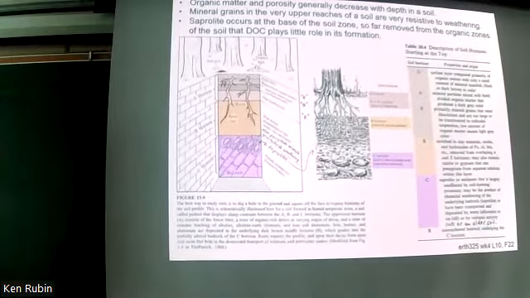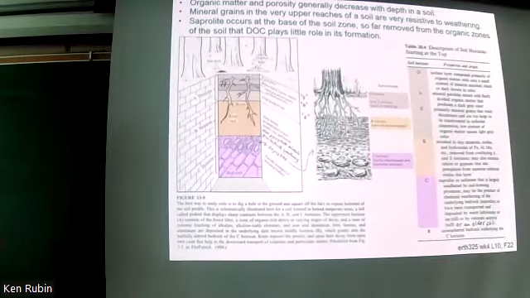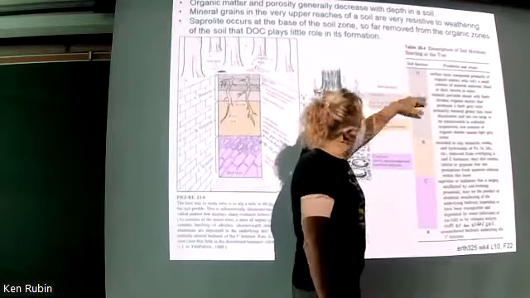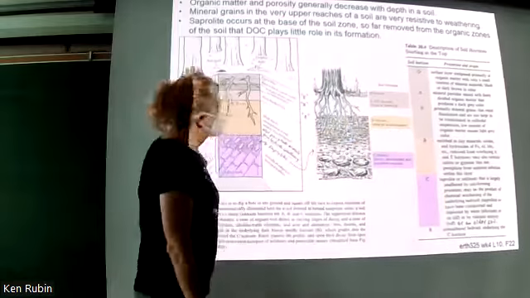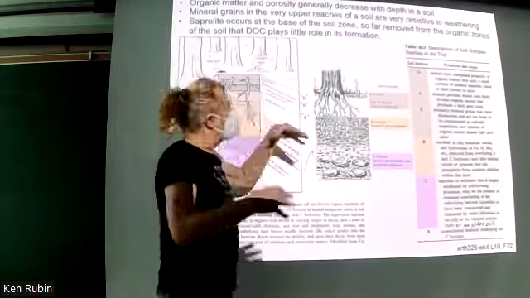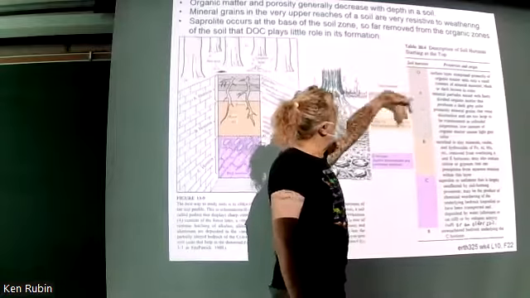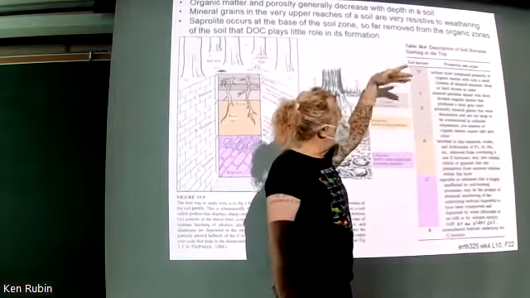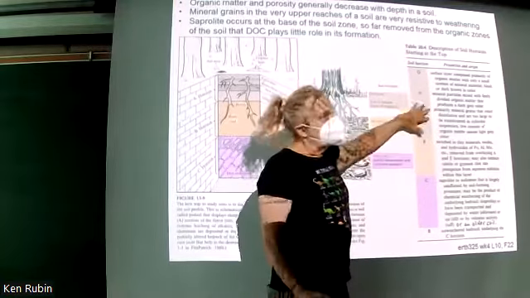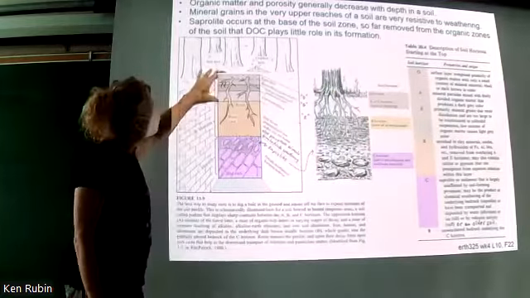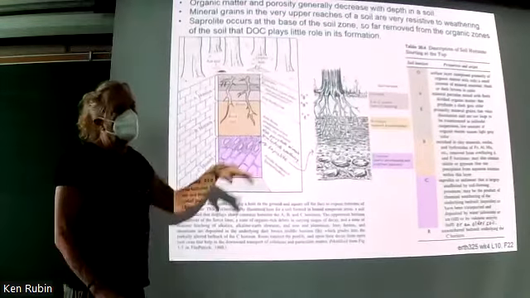Again, we're mostly not going to worry about this here, but here are three common layers found within the A horizon: subhorizons O, A, and E have different amounts of organic matter, and the resistant mineral grains, which I've mentioned before, accumulate at the base of the A zone, while organic matter is up at the top.